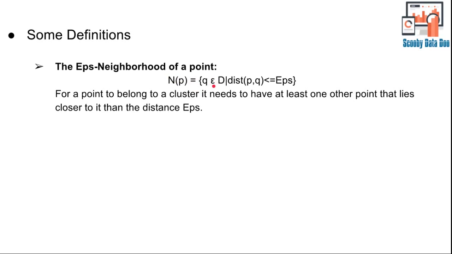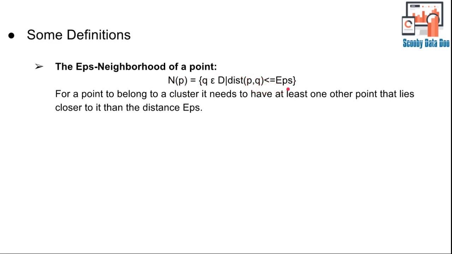So Q is an element of D, our data set or domain. If the distance between P and Q is less than or equal to some EPS value, which is to be specified by the user in the algorithm, then we can say P is within the neighborhood of Q. So this is the condition here.